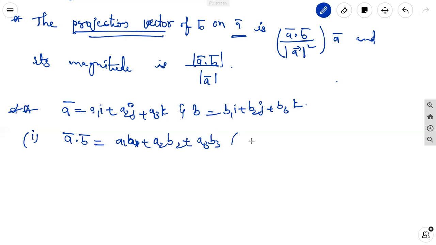Why? Because we know that i dot i equals j dot j equals k dot k equals 1, and i dot j equals j dot k equals k dot i equals 0.